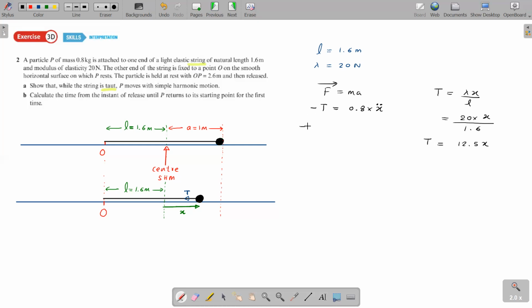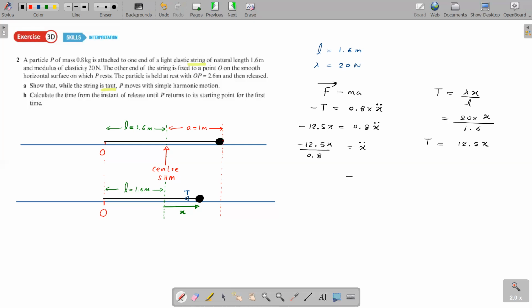So let's input the value here: minus 12.5x equals 0.8 x double dot. So x double dot equals minus 12.5x over 0.8. Are you with me? Can I know the simplification of 12.5 divided by 0.8?